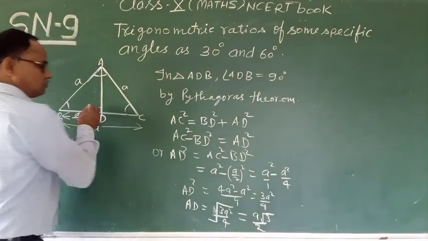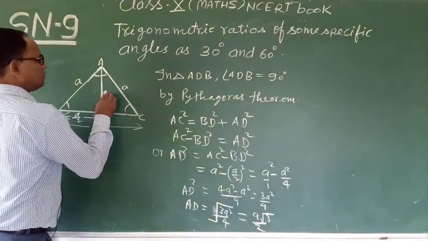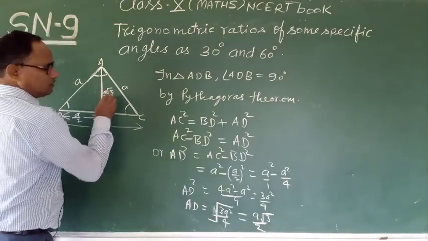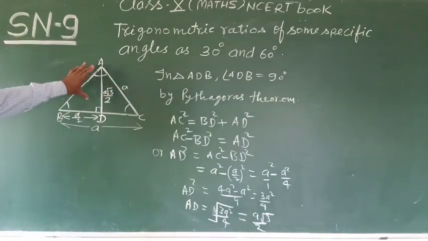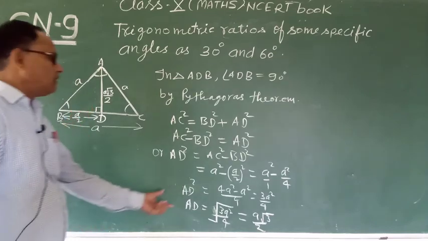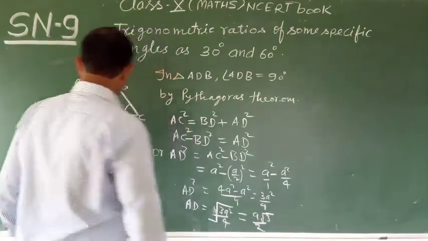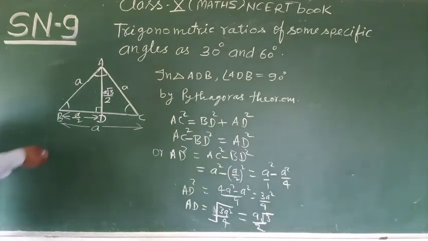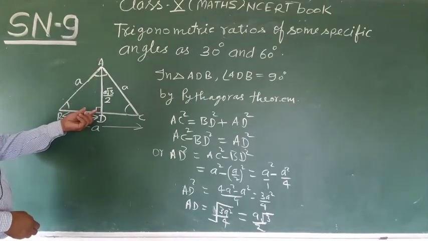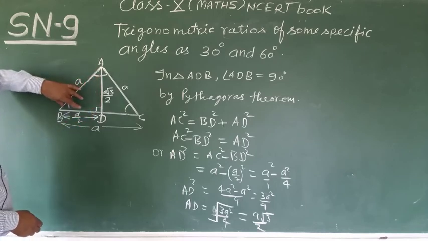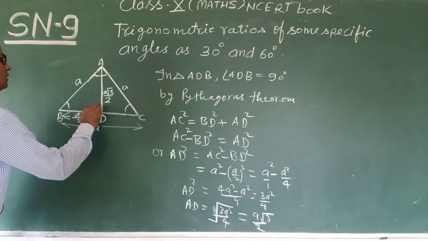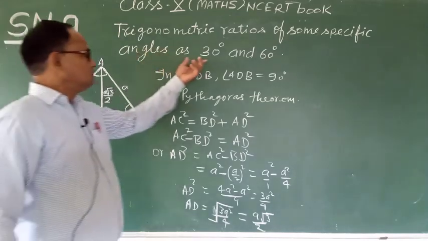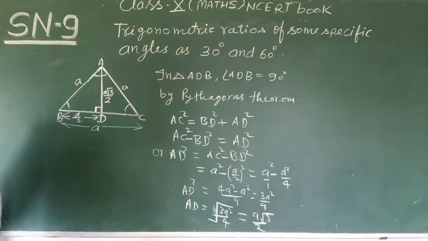Thus AD is equal to a root 3 by 2. We get the value of AD by Pythagoras theorem. Okay students, here we get three sides AD, BD and AB. Then we calculate the ratios of 30 degree and 60 degree.